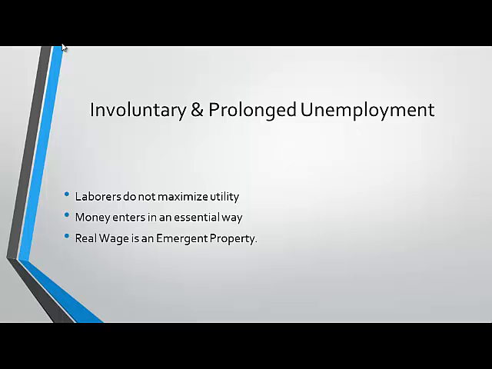So Keynes thought about this, and he made a model, the Keynesian model, which has three features: that real wage is an emergent property, money enters in an essential way, and laborers do not maximize utility. All three of these principles have been rejected. The modern macroeconomics does not have any of these three principles. And that's why it is wrong, because it conflicts with the observation.